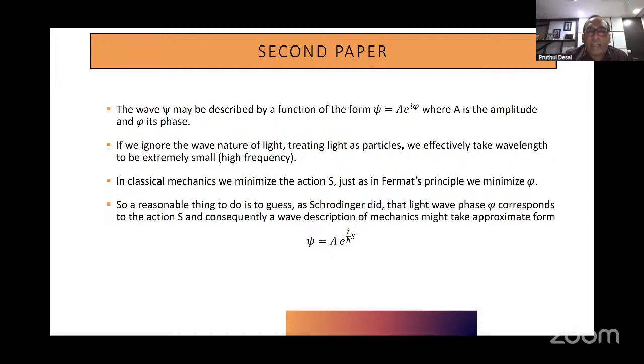So in that case, for describing mechanics, you should have the wave function psi is equal to A e raised to i upon h bar S. Where there is phi, that phi should be replaced by S, and here h bar is just to make it dimensionless. So this connection was crucial for Schrödinger to arrive at his equation.